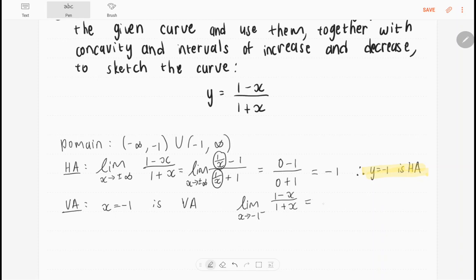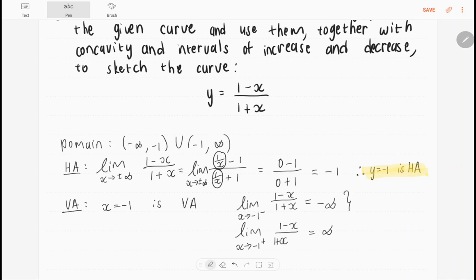And you'll see that you get negative infinity. You can also look at the limit as x approaches minus 1 from the right of 1 minus x over 1 plus x, and you'll see you'll get infinity.